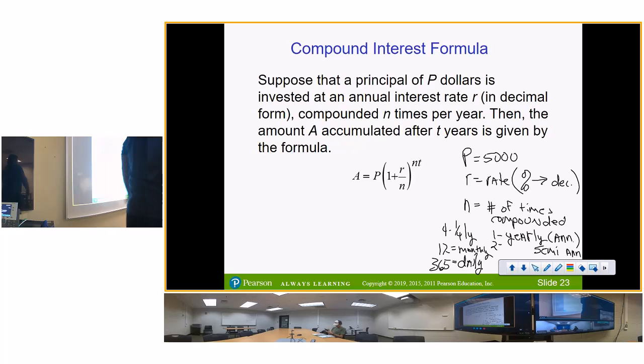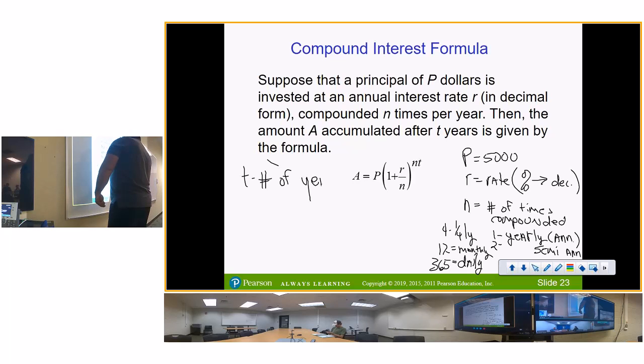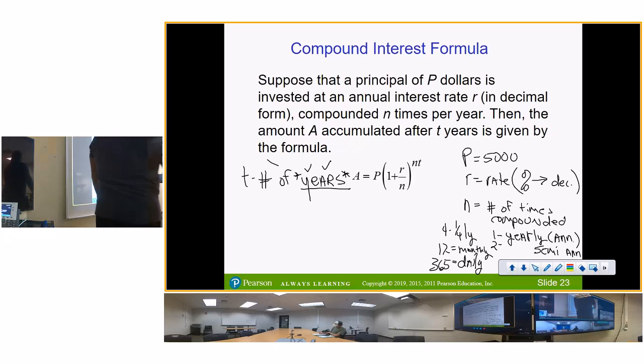What is T? T is the one that gets everybody. T is the number of years, and I'm going to put underline, stars, and check marks. Why? Because what if I give you 6 months?